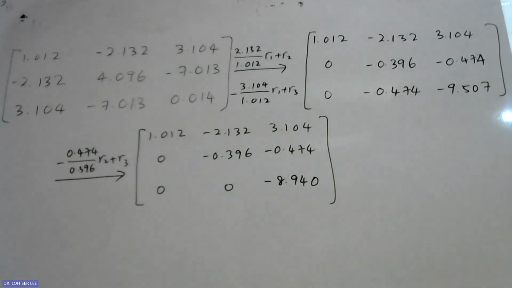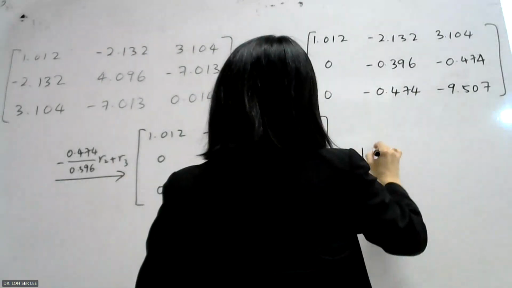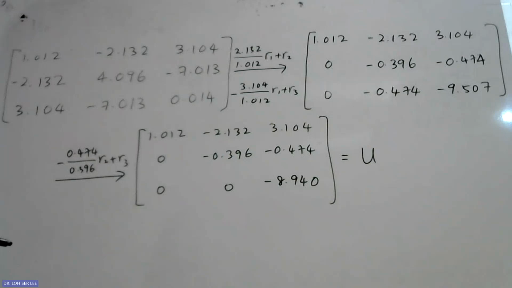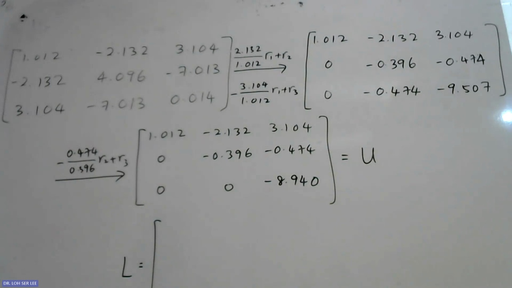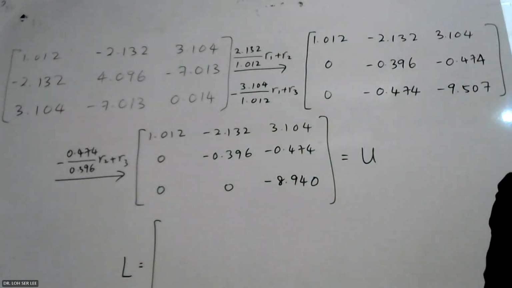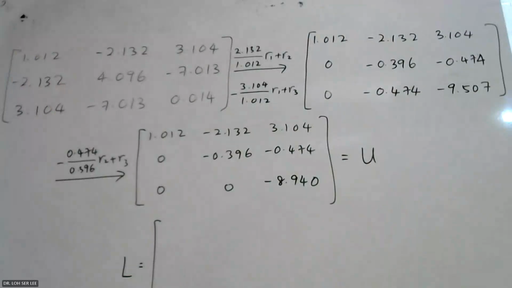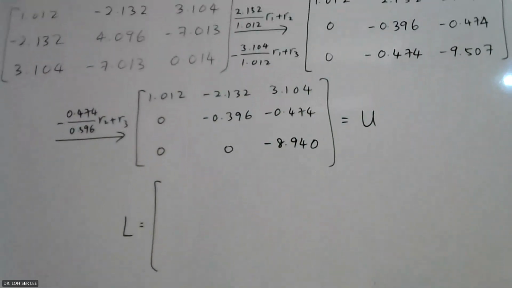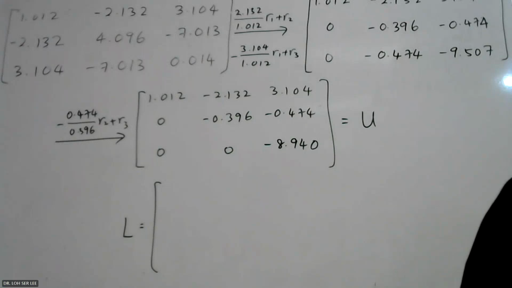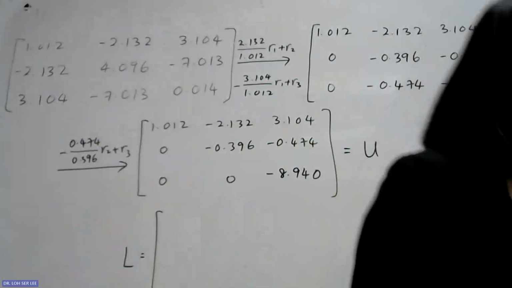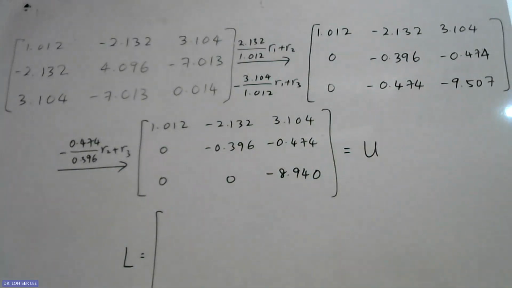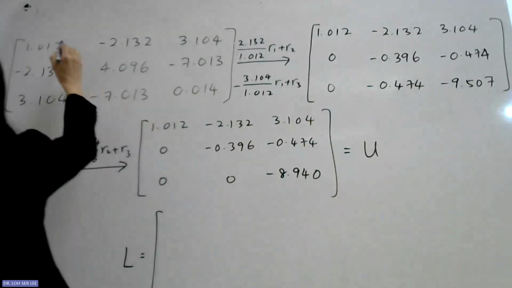Okay, so once you have got your U, this is your U. This is matrix U. Okay, then we have to form the L. Okay, form the matrix L. So this is your first pivot.